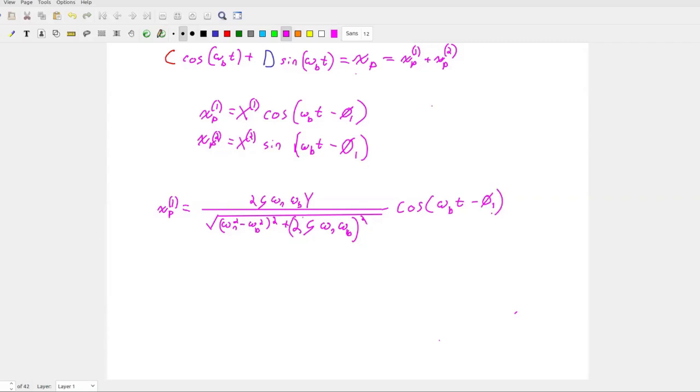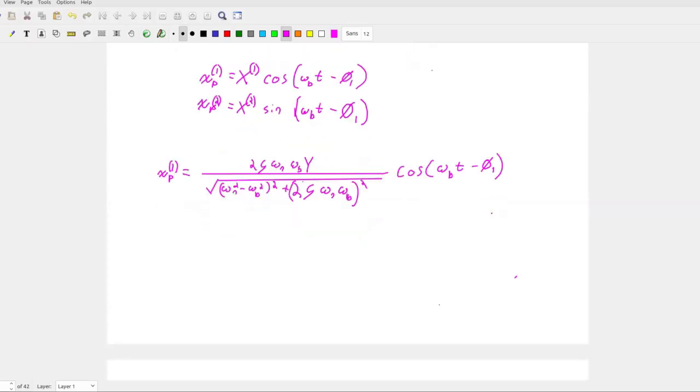And now I need a solution for phi 1. If I use my trigonometric angle again, that triangle that we did in the first couple weeks of the class, I can get phi 1 is equal to tangent inverse of 2 zeta omega n omega b over omega n squared minus omega b squared.